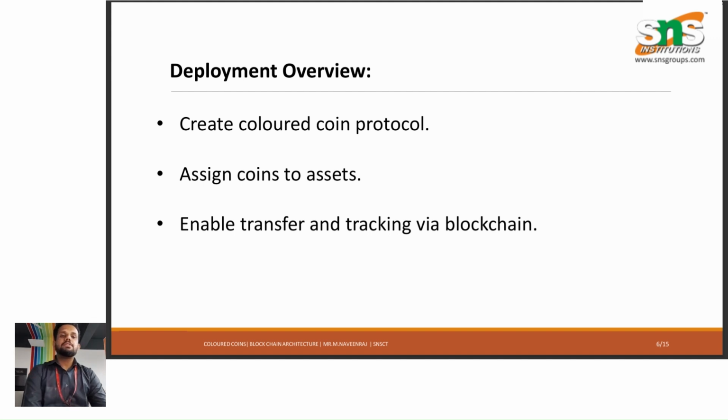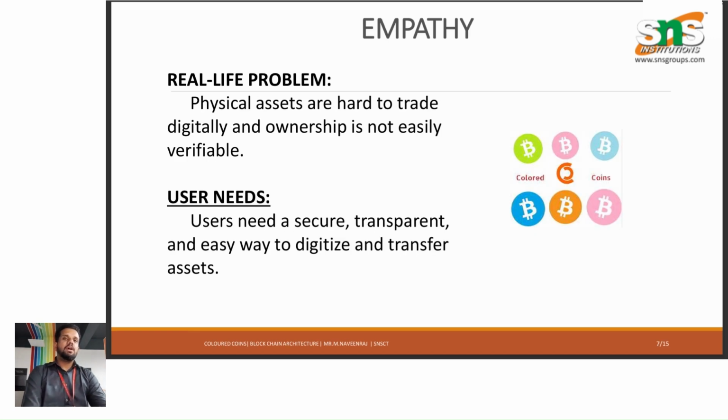The common user problems are lack of trust in centralized record keeping systems, slow asset transfers and costly intermediaries, difficulty verifying real world ownership digitally, and a risk of fraud or double spending in asset exchanges.